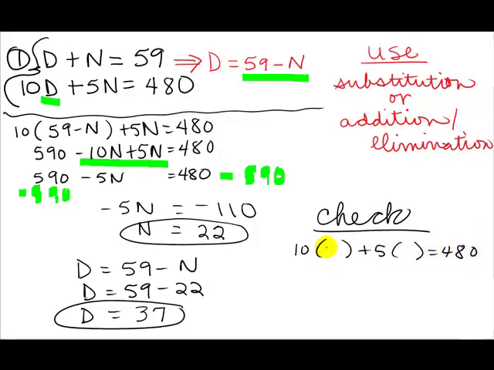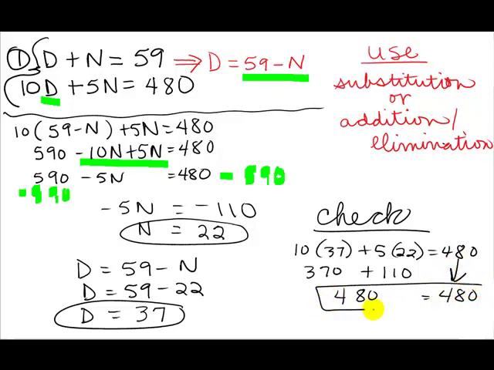And so the D was 37 and the N was 22. This is 370 plus 110, and that adds up to 480 over here, and we had 480 over here that we just bring down, and so this does check, and so that means the 22 and the 37 are our correct answers.